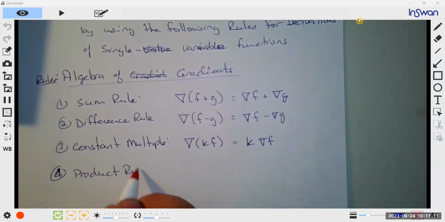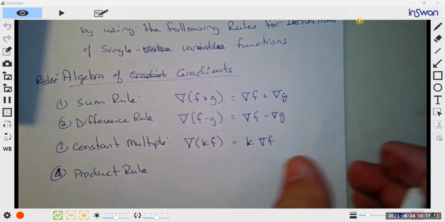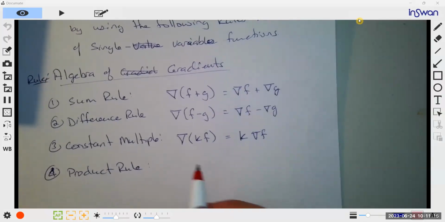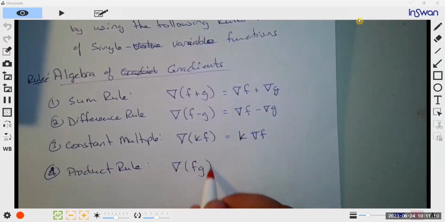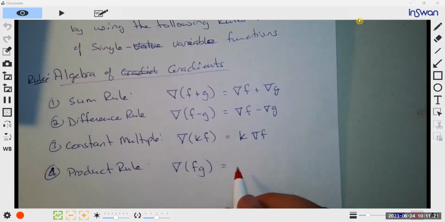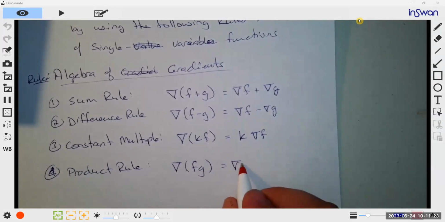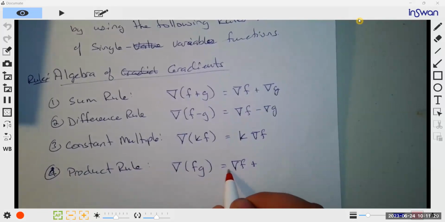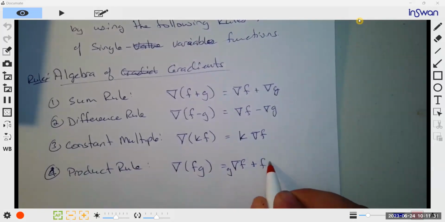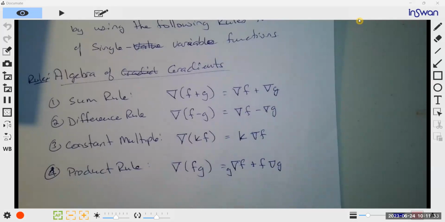The product rule. F times G is the product. Here's where it gets different. We use the product rule here.